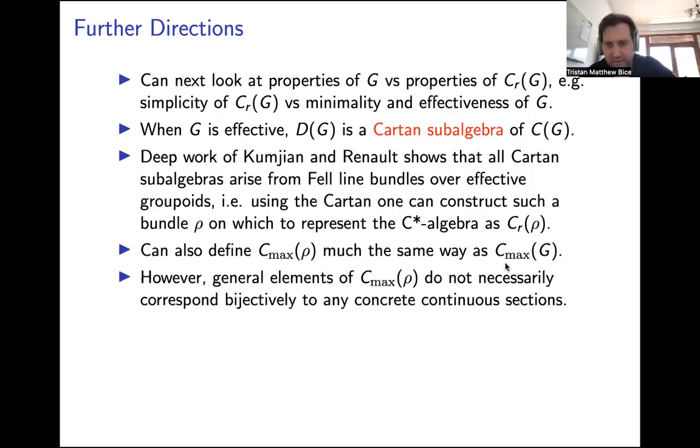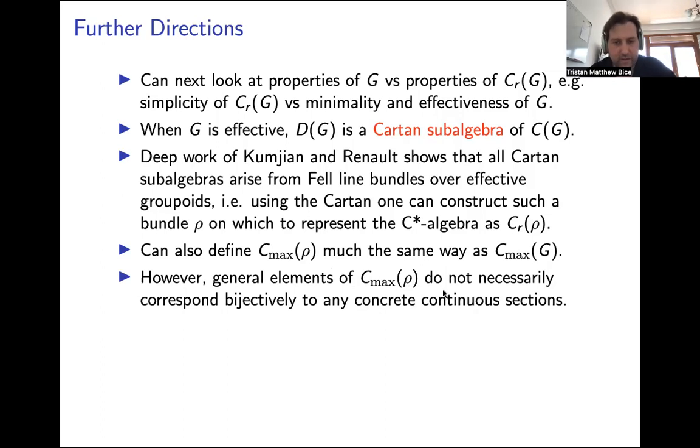This is certainly something worth considering, but the key point is that there is no way in general of showing that the elements in the maximal C-star algebra really do come from concrete continuous sections. All the work we did today really does not apply to the maximal C-star algebra, unless of course it happens to be the same as the reduced.